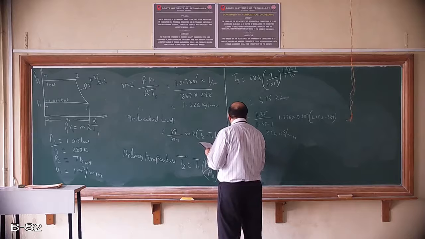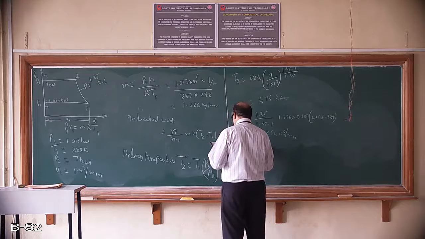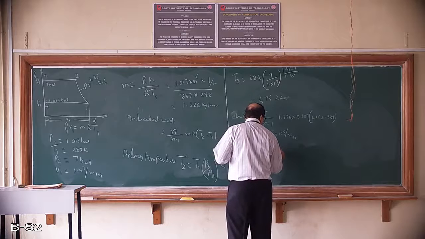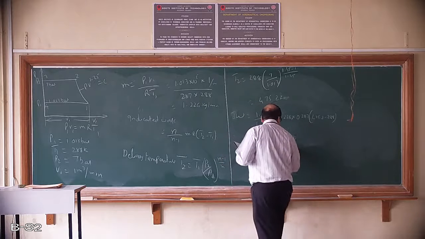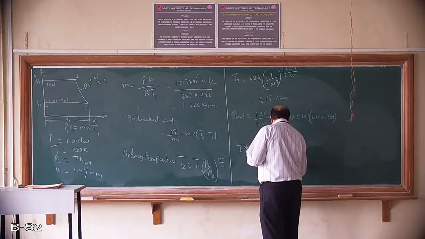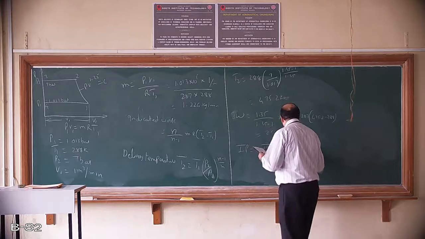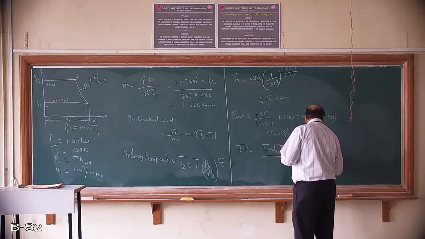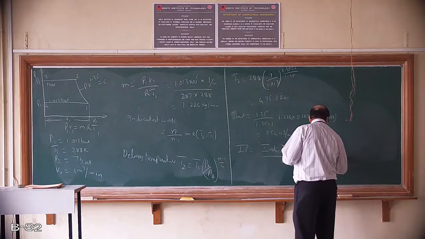So indicated power is indicated work per minute, so this should be 254 by 60, which is 4.23 kilowatts.